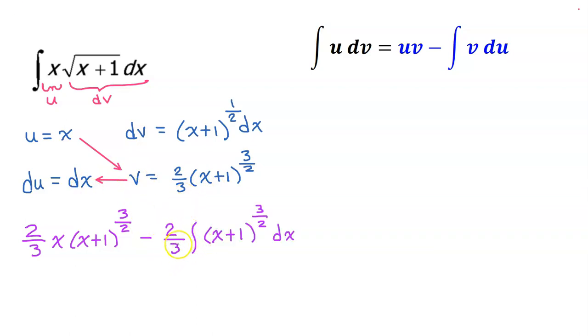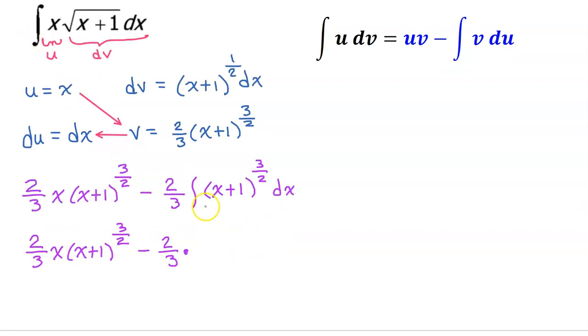So that's minus the integral of this times this. Putting the 2/3 out in front of the integral, we have this. We can integrate x plus 1 to the 3/2 power using a mental u substitution. To integrate u to the 3/2 power, we have to add 1 to this exponent. So that's going to give us x plus 1 to the 5/2 power.